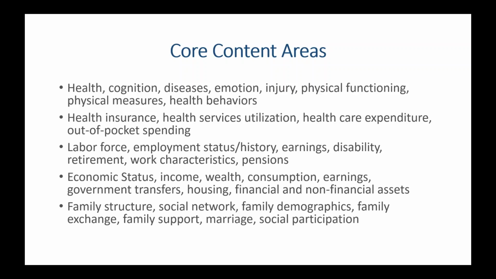Earnings, government transfers, this includes Social Security, safety nets or disability transfers, housing, financial and non-financial assets. And these do change a little bit by country. So there is some survey variation because, of course, the kind of non-financial assets you would have here in the US might be different than what you would have in India.